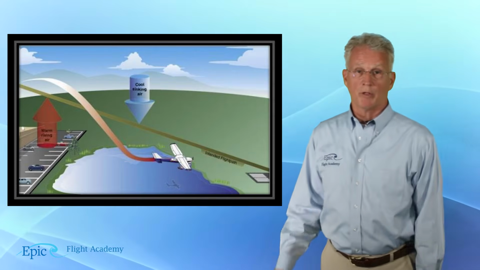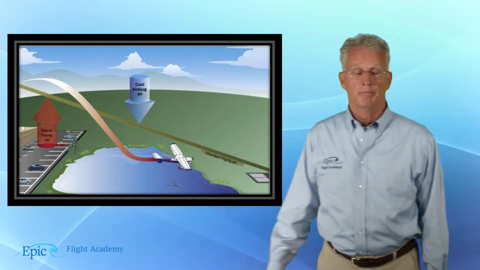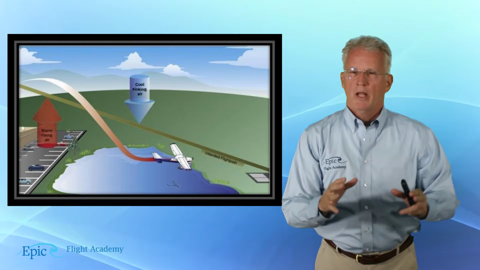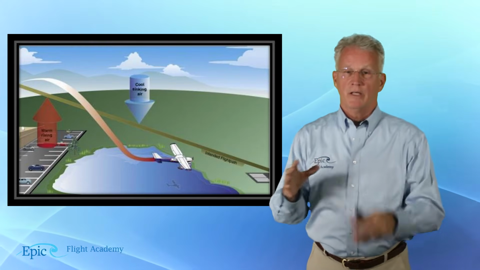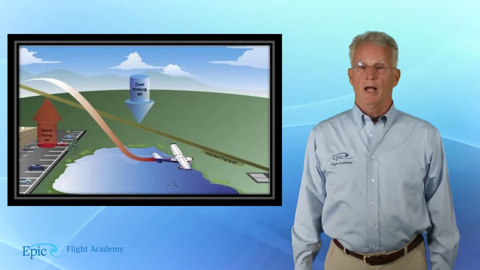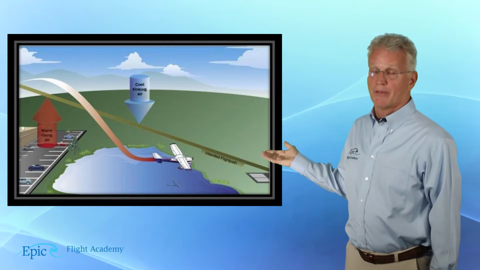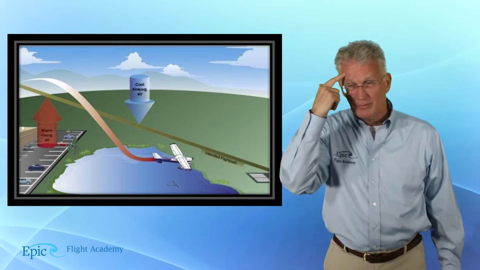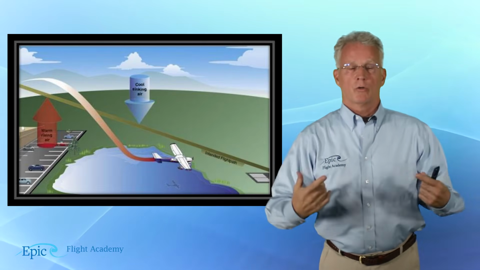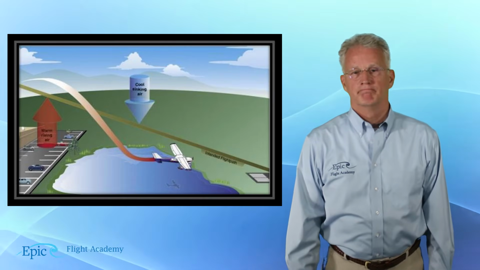Now, we want a stable approach, typically 3 degrees, but as you can see in our diagram, the local circulation pattern, that local thermal activity, is going to be rising over that parking lot and sinking over that pond, and it may cause my aircraft to fly the path that's shown here, unless I'm ahead of the game, I understand some of this theory, local patterns, and then I correct for it on the approach.